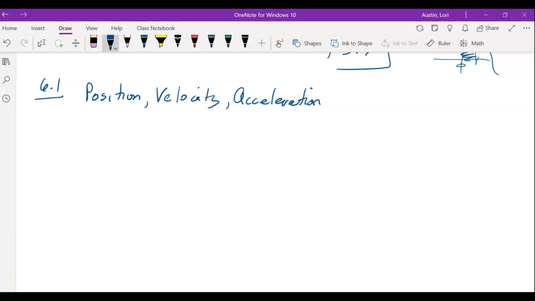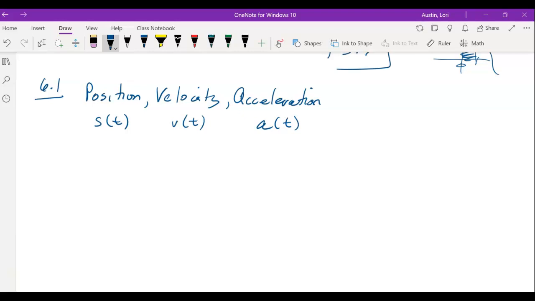So one of the things we all learned, this is what we did in the past, right? We know our position function is s of t. Our velocity function is v of t, and the acceleration function is a of t.